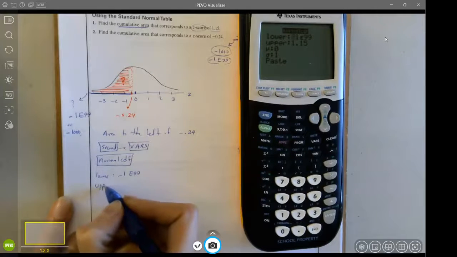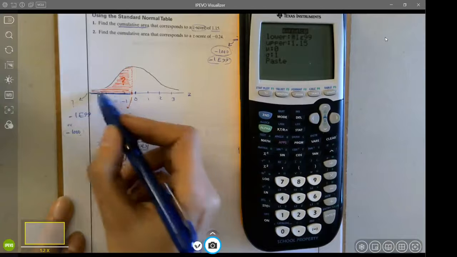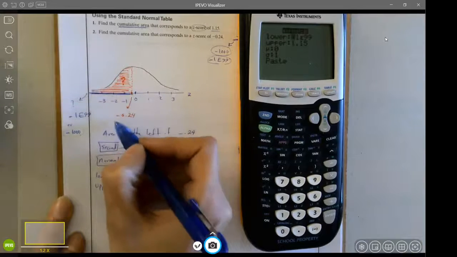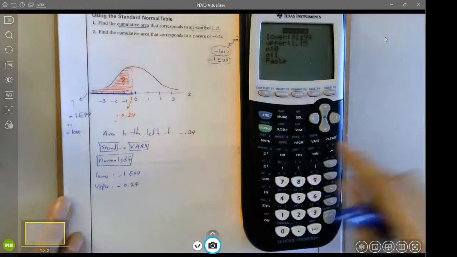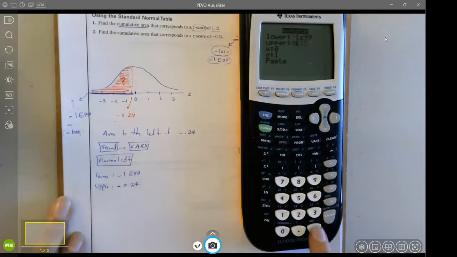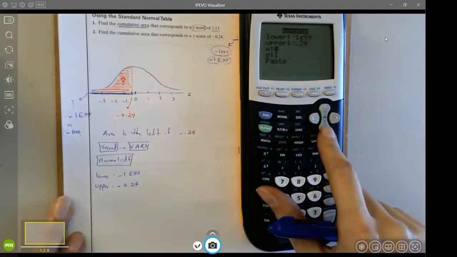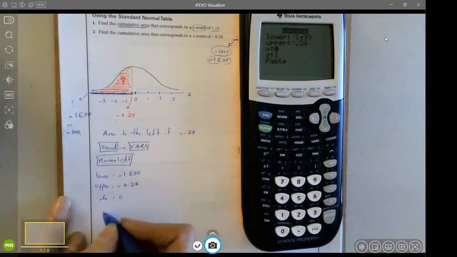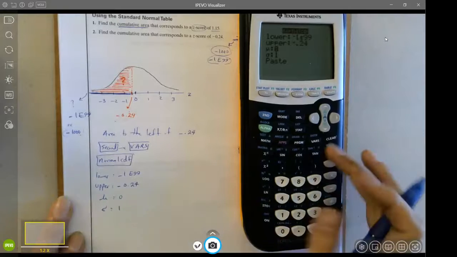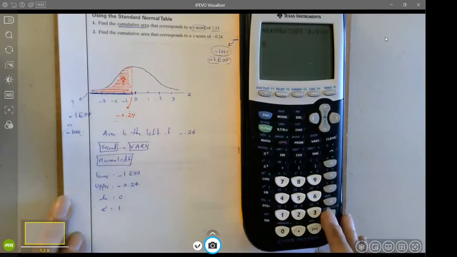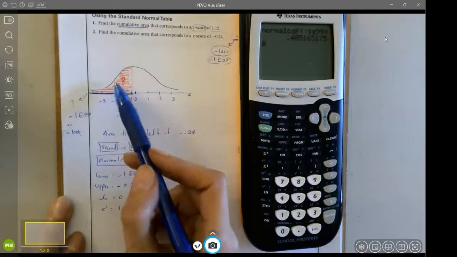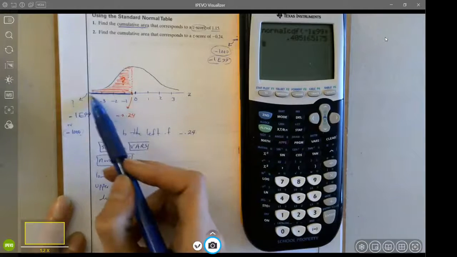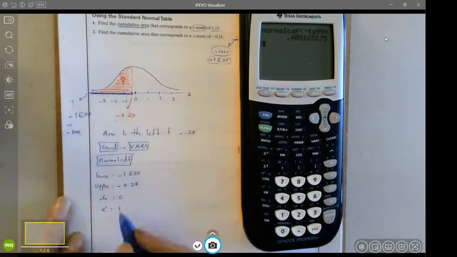And the upper bound, where does it stop? It stops on the horizontal axis. It stops at negative 0.24. What is the mean? So here we have negative 0.24. Just don't forget to plug that in. The mean is 0 and standard deviation is 1. Paste. And here we have this area, this red region below the graph between these two z values.